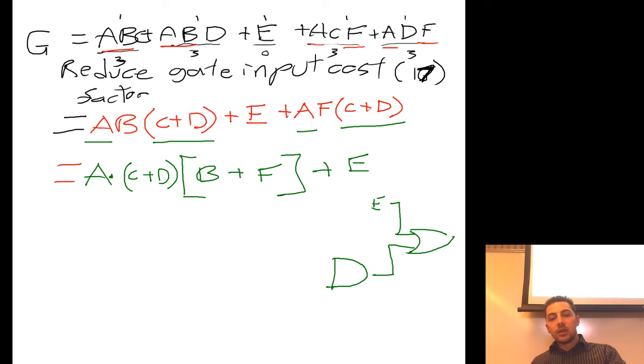Well, it's a 3-input AND gate because we have 3 parts here. The first part is pretty simple. It's just A. Second part is an OR gate, and that is C ORed with D. Final part here is, what's left? B or F.